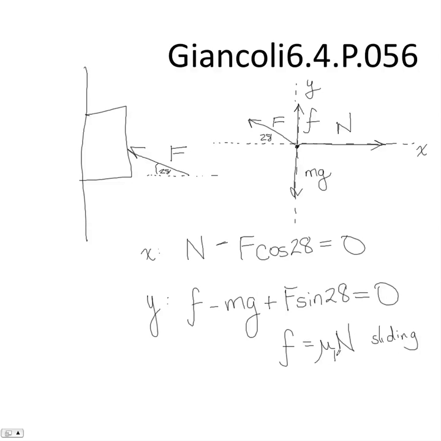And this we would use mu sub k, but this problem says that the box is not sliding. It says it slides down unless you push with enough force. So it looks like we are having just enough force that we have static friction. So we're going to say F is equal to static friction times the normal force.